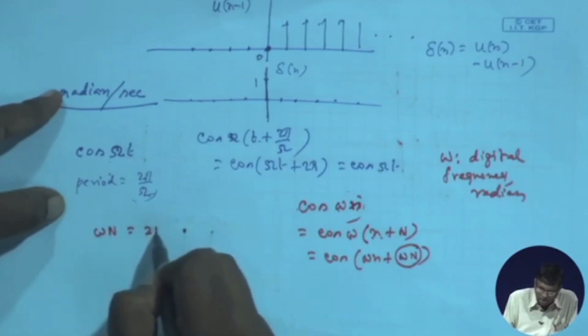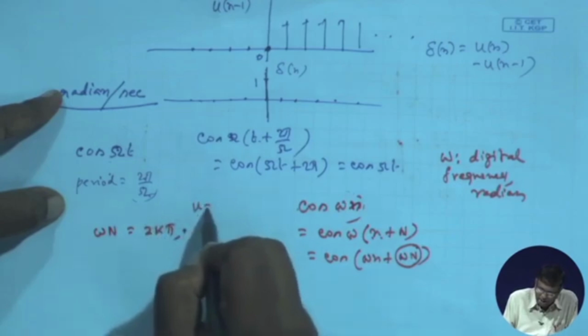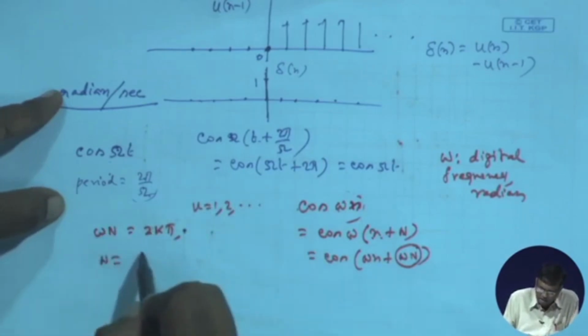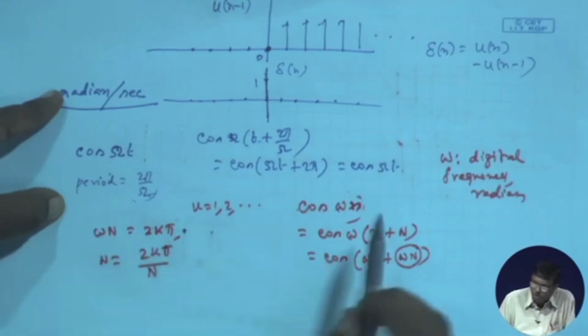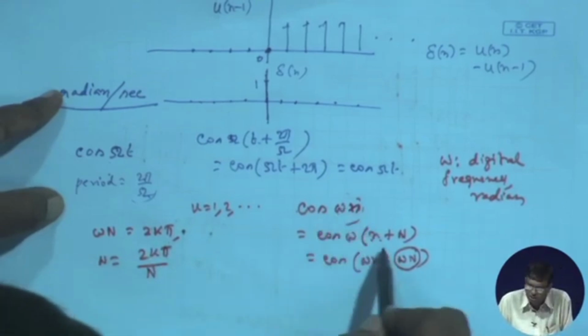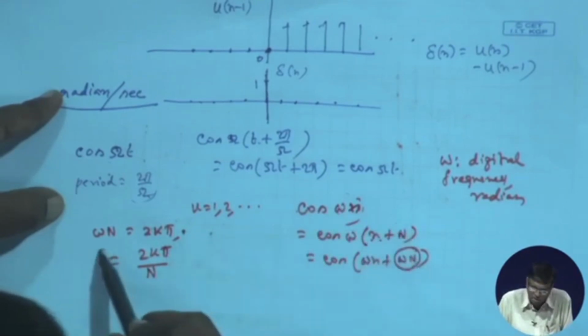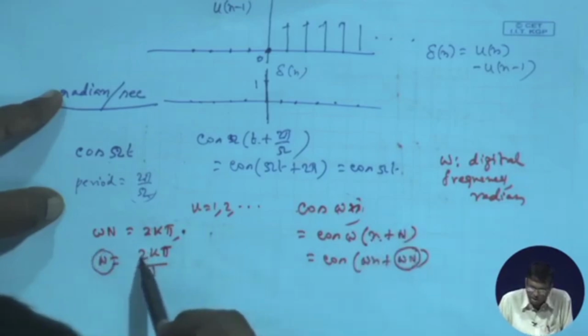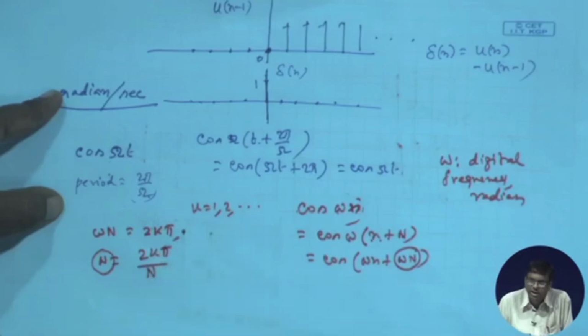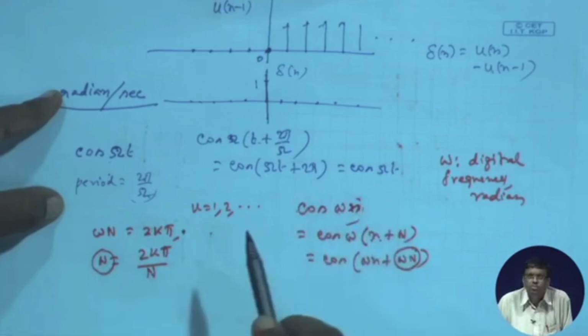There is 2 k pi where k can be 1, 2, and so on, which means omega is 2 k pi by N. So, not for any arbitrary omega this relation will be valid. It will be periodic over a period capital N for specific choice of omega. That is 2 k times pi, k can be 1, 2, 3 anything, divided by capital N. For those specific discrete omegas only, this will be periodic.